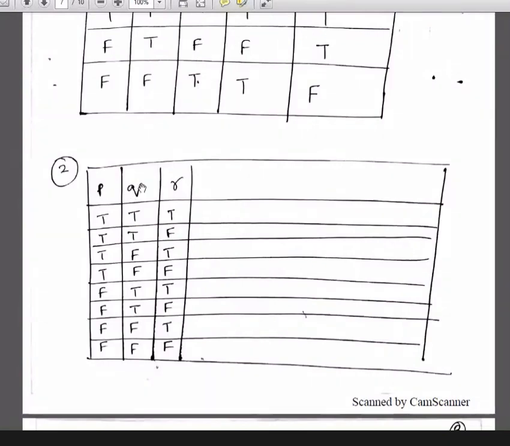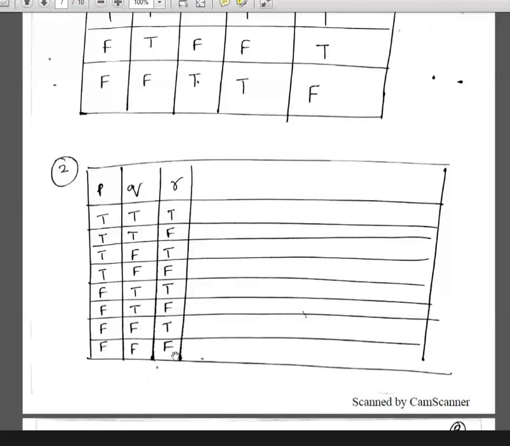For P, you take the first four true values, then four false values, because there are a total of 8 possible combinations if three variables are there. Like if you toss a coin three times, how many possible combinations? Similarly here. In the first column you write true 4 times, then false 4 times. In the next column for Q, choose true 2 times, then false 2 times, then true 2 times, then false 2 times. Then for R, true false, true false, true false, and true false.